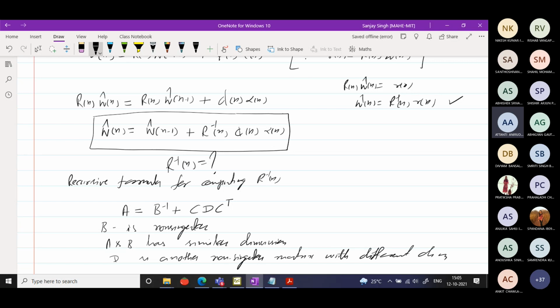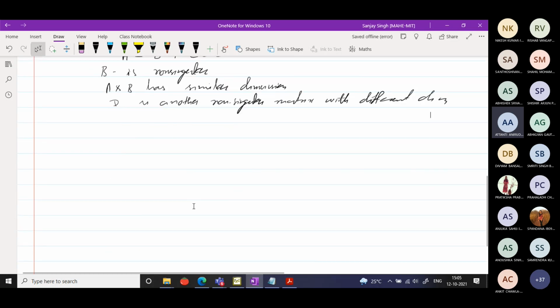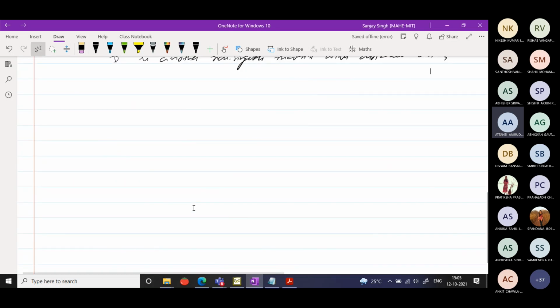And C is of course a rectangular matrix of the appropriate dimension, we can say. Now there is something called the matrix inversion lemma. This you can find as part of matrix calculus.